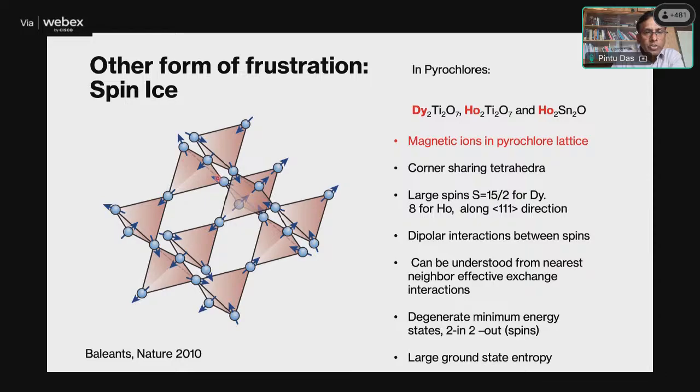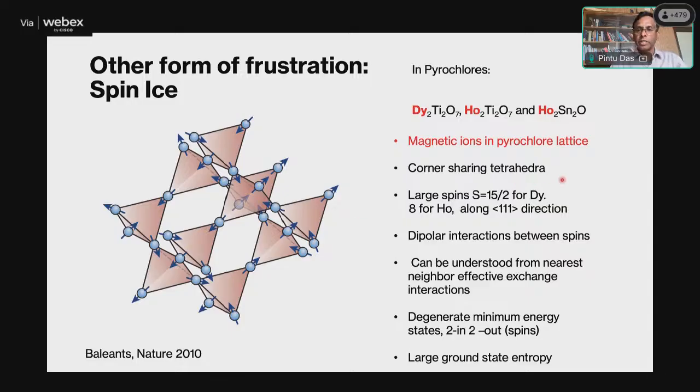The pyrochlore lattice is made of tetrahedra that share their corners. So these are called corner sharing tetrahedra. This is typically the pyrochlore lattice. At each of these vertices sit these rare earth ions, which are the source of the magnetism.